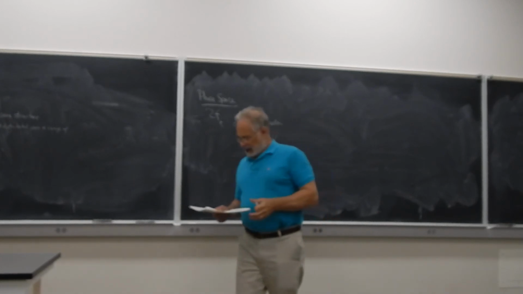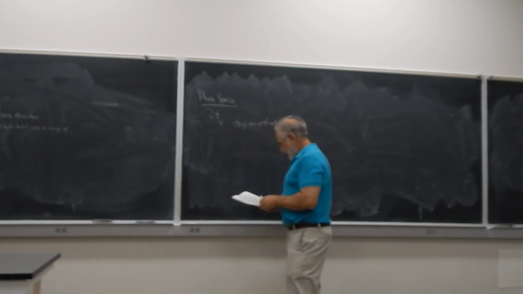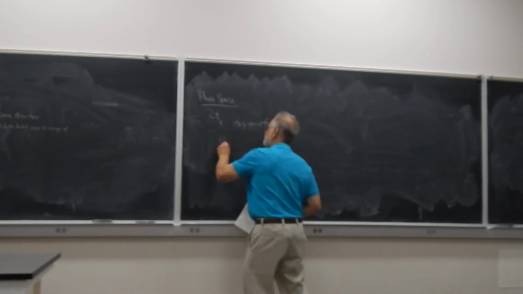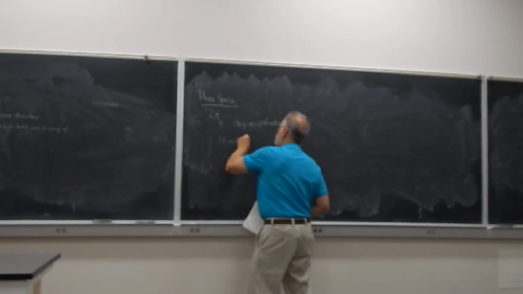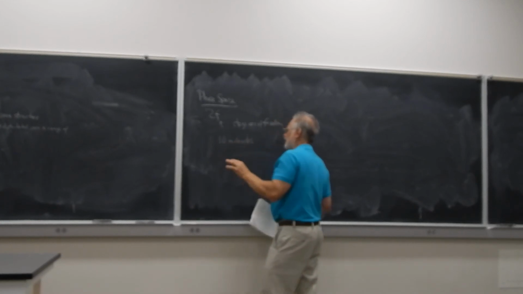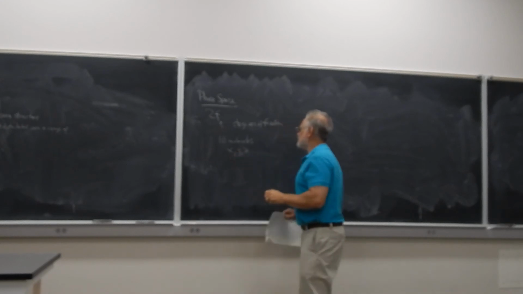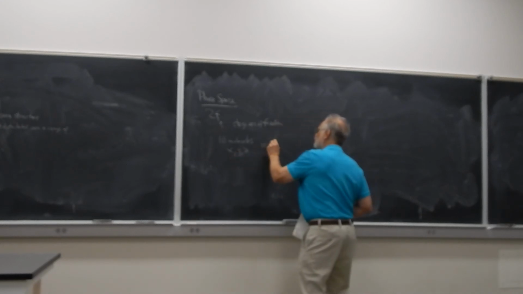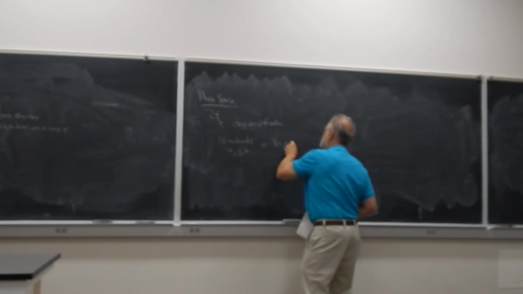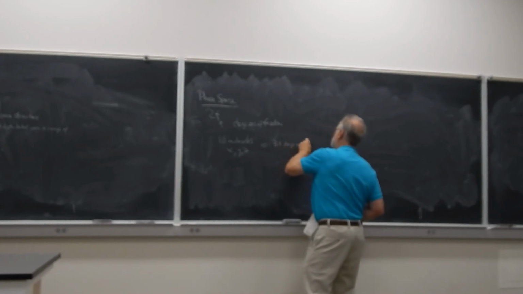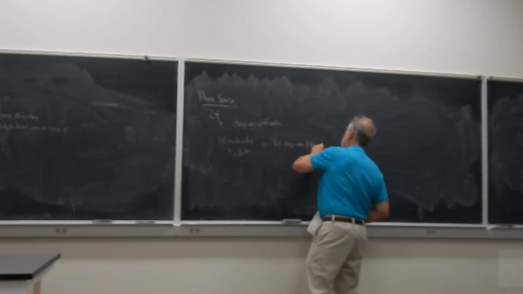By degrees of freedom, let's give an example. Suppose I have 10 molecules, each allowed to move in 3 dimensions. So they maybe can move in X, Y, Z directions. That would give me a total of 30 degrees of freedom for that system.